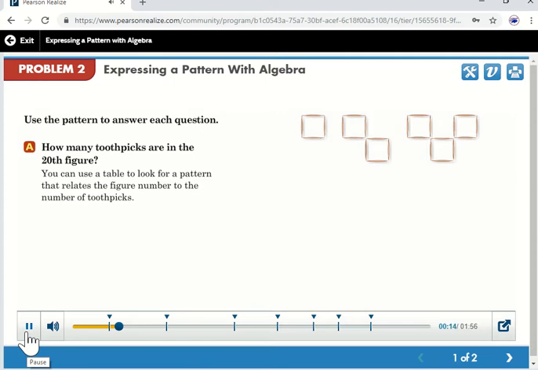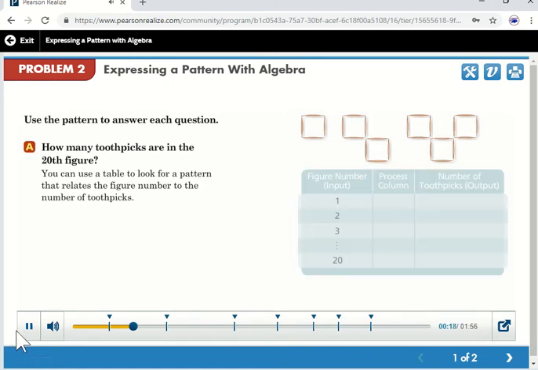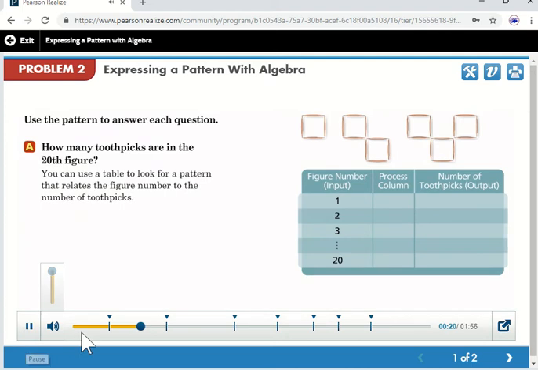You can use a table to look for a pattern relating the figure number to the number of toothpicks. Figure 1 has 1 times 4, or 4 toothpicks.